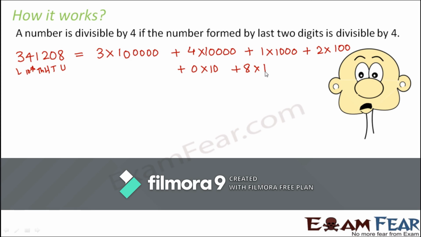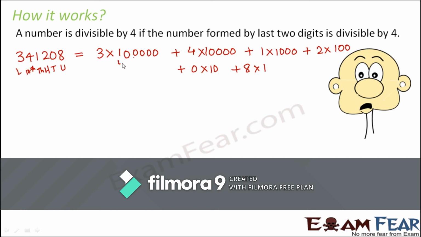Now what do we do? Now here in case of 3, what did we do? We wrote 1000 as 999 plus 1 because 999 was divisible by 3. But in this case, we want to check the divisibility by 4. So we will follow a different trick. So here what is the trick that we are going to follow?